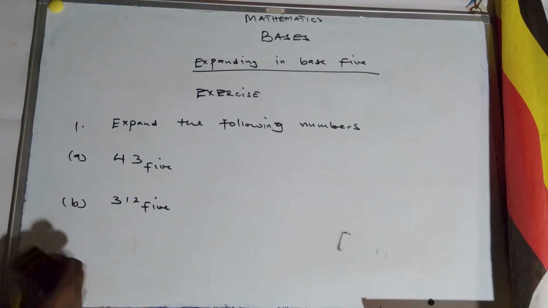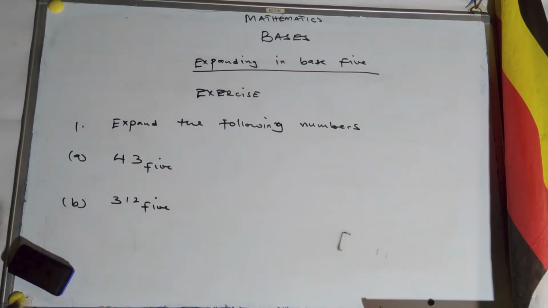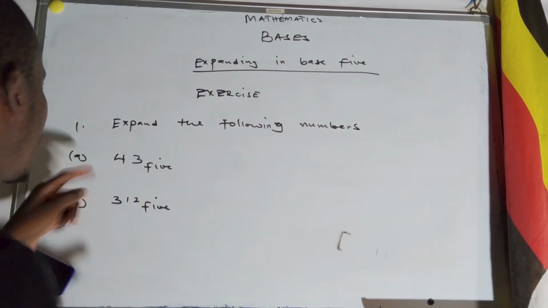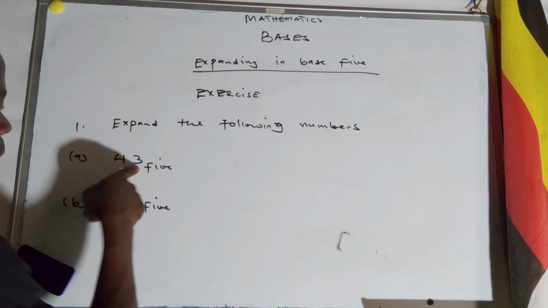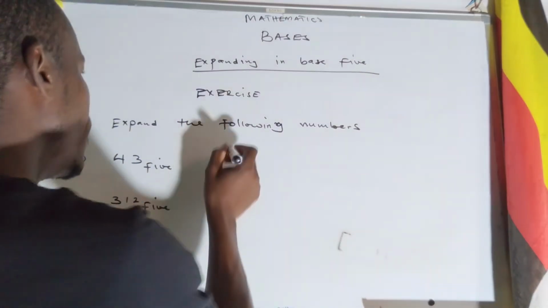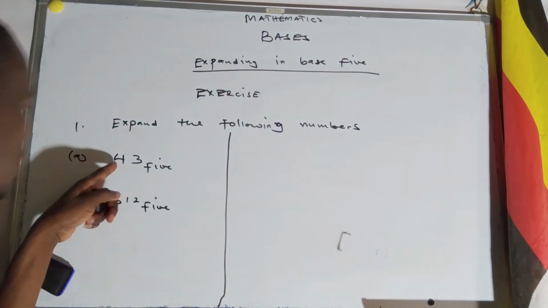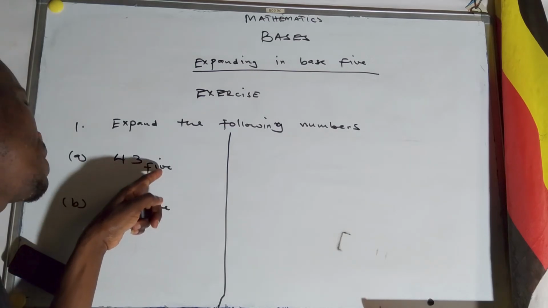So here, expand the following numbers. 4, 3, base 5. I told you, just multiply each digit here by its base, which is base 5.